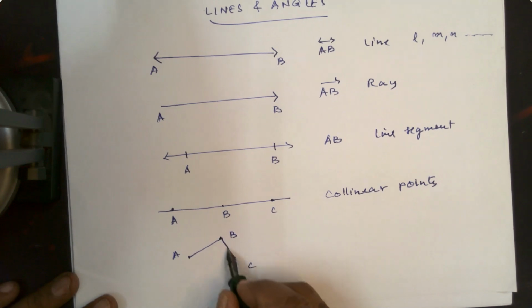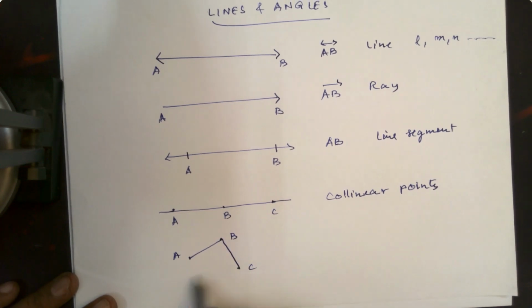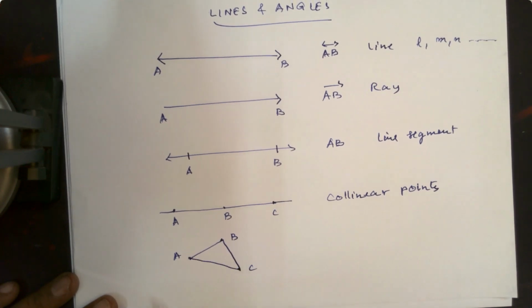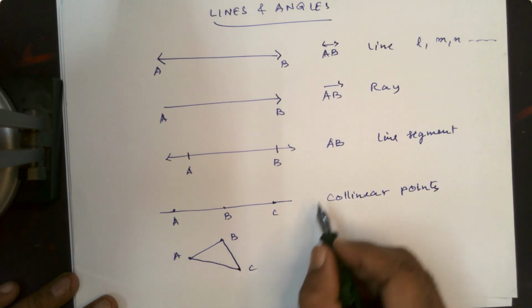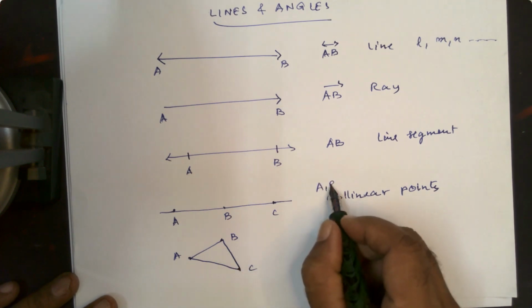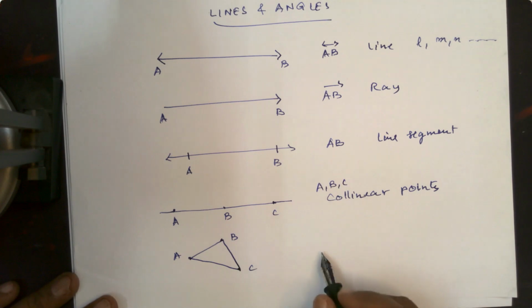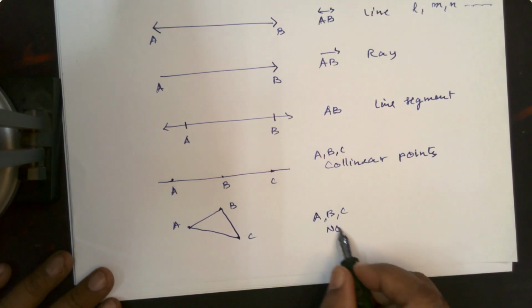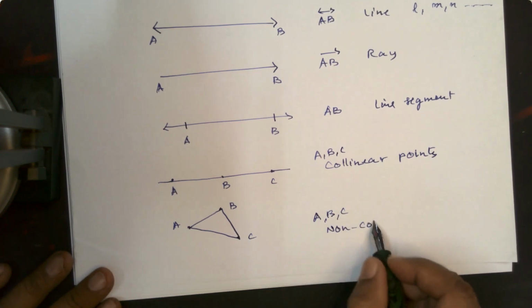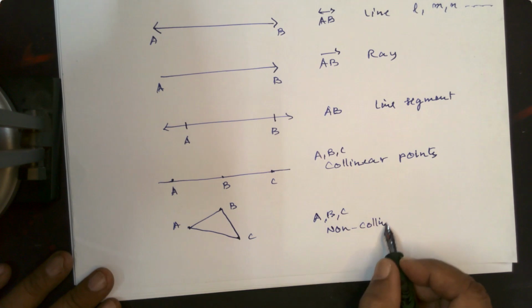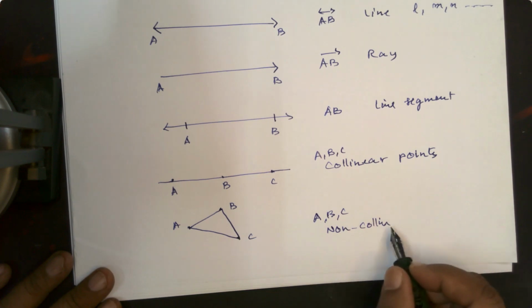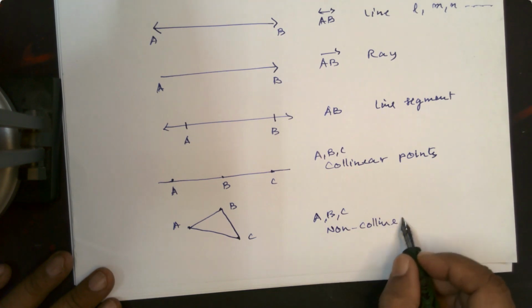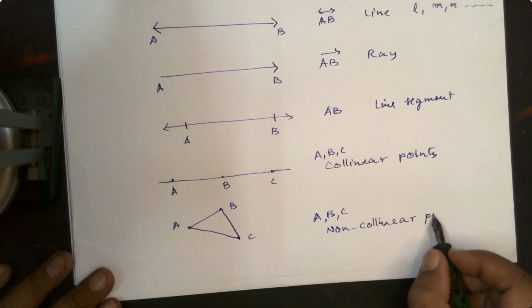Otherwise you can join BC, otherwise you can join AC, but they are called non-collinear points. So in this case ABC are non-collinear points. They do not lie in a single line. Do you understand?